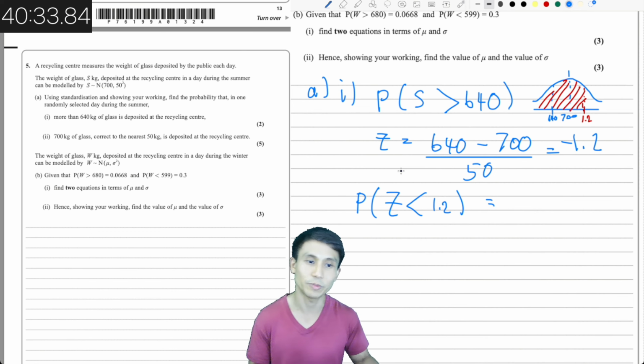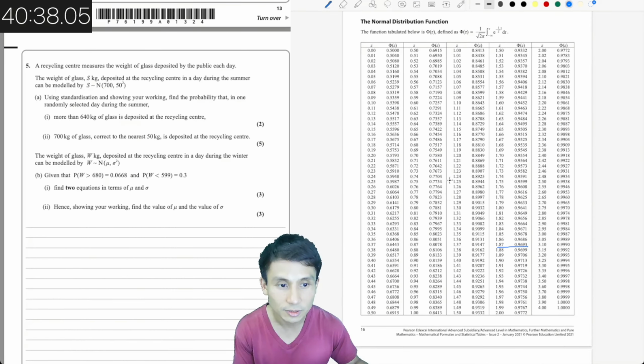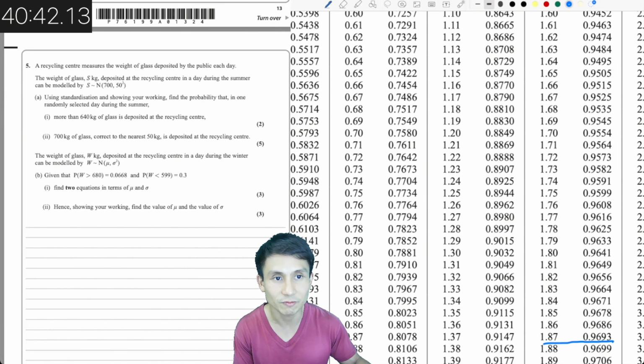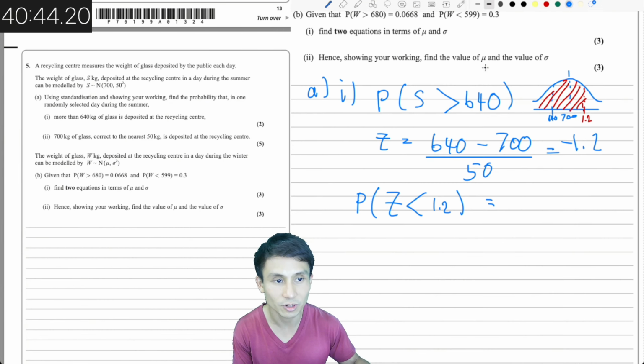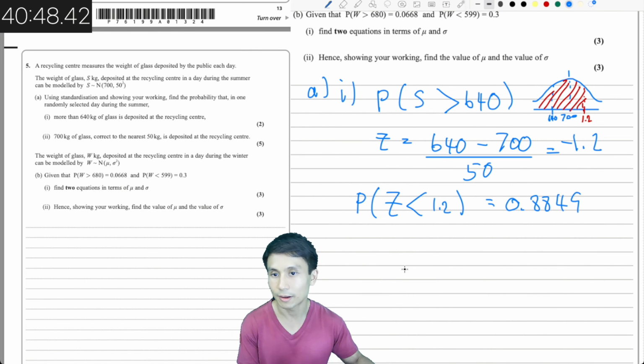Yeah, that would be equal to the one we want. So for 1.2, the value is 0.8849, right? Yeah, 0.8849. There. Okay.